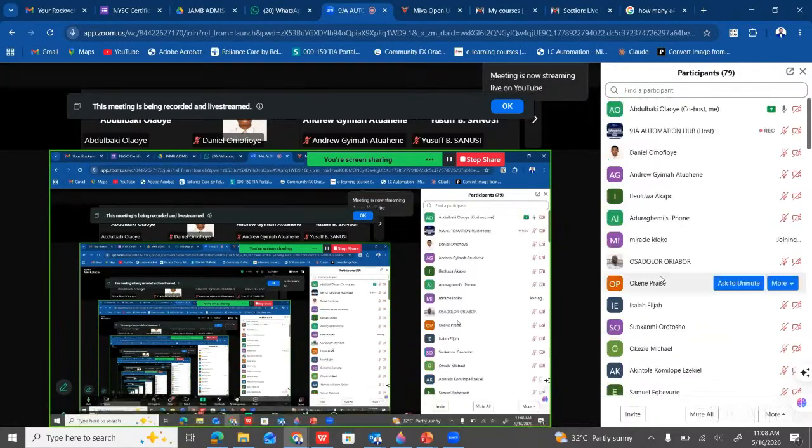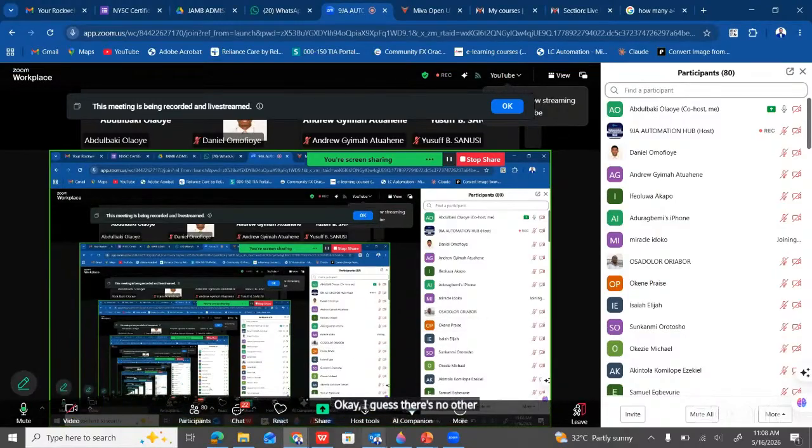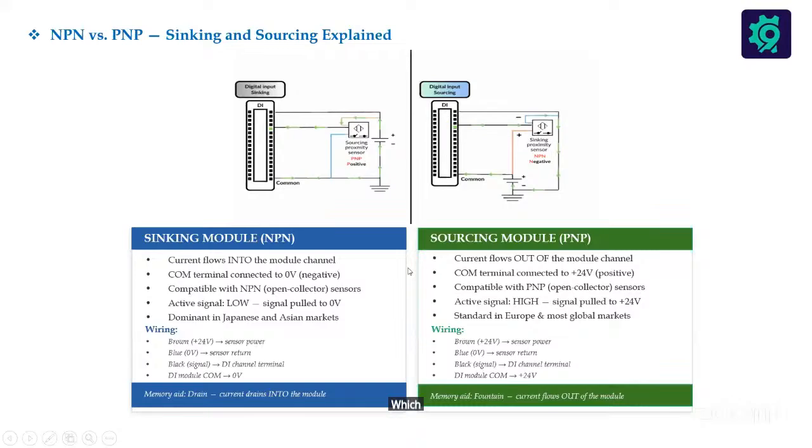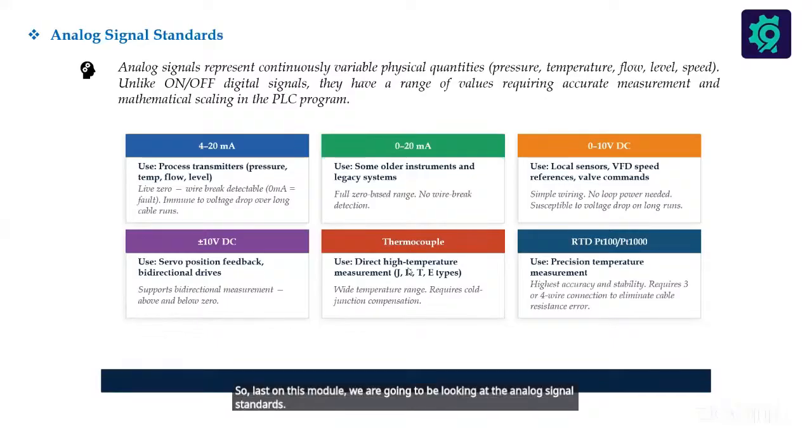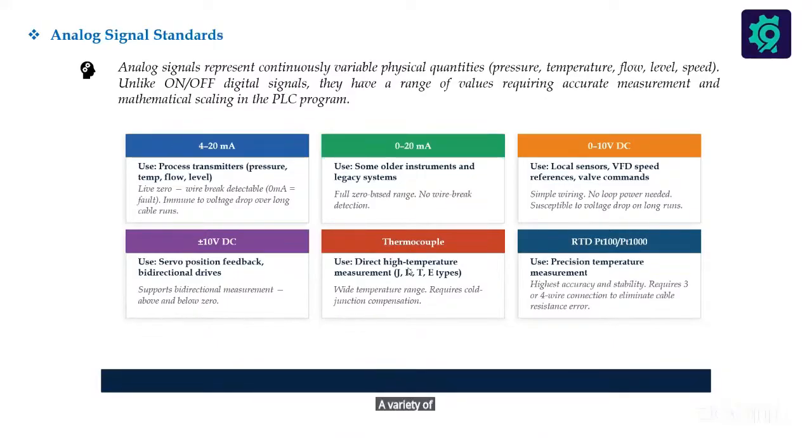Okay, so I guess there's no other question, so we can proceed with the class. So, last on this module, we are going to be looking at the analog signal standards. So you can have a variety of electrical signals for your analog devices.